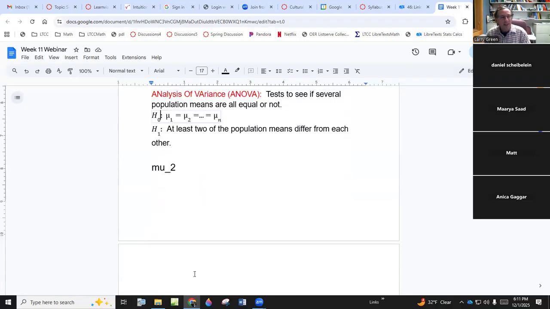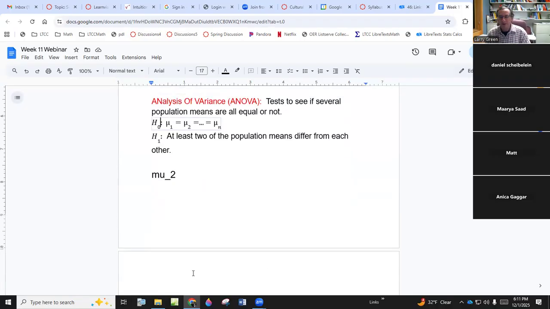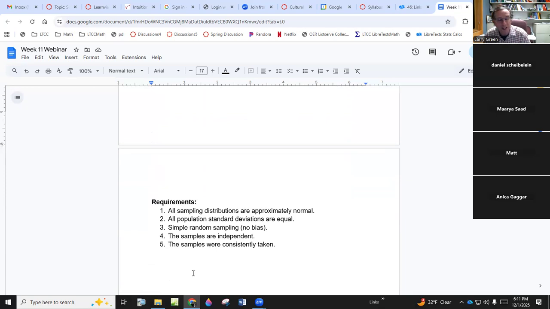Okay. Then the requirements. And some of the requirements we've already seen. One of the requirements is all the sampling distributions must be approximately normal to be able to make this happen. What do you need in our class to ensure that you have approximate normality?